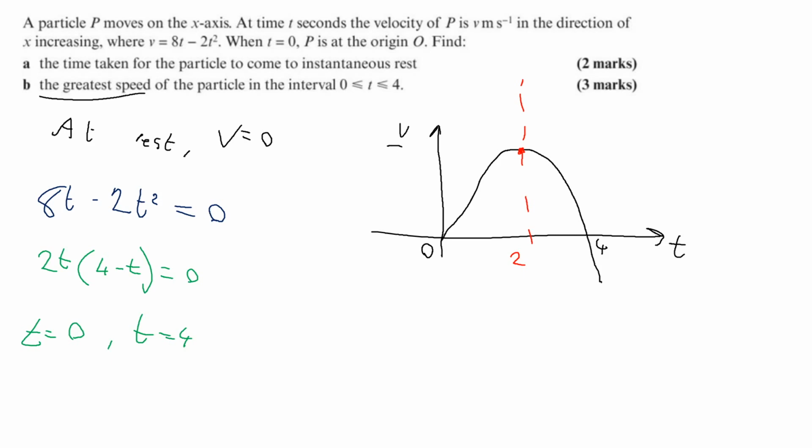T is equal to 2, isn't it? So at t equals 2, v equals max, which is equal to 8 times 2 minus 2 times 2 squared, which is simply equal to 16 minus 8, 8 meters per second.